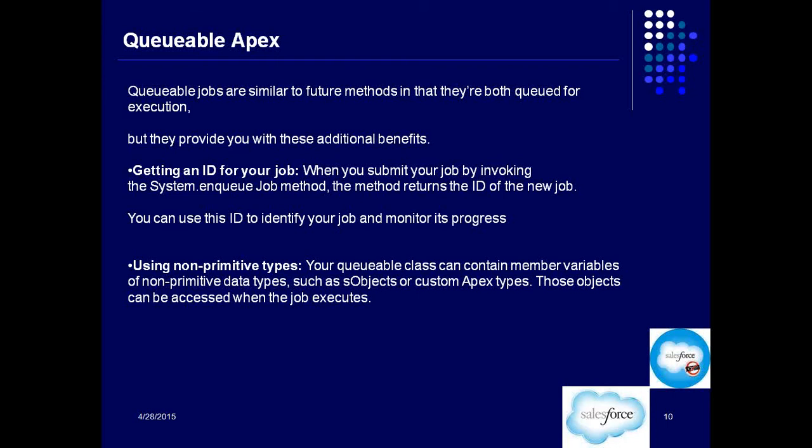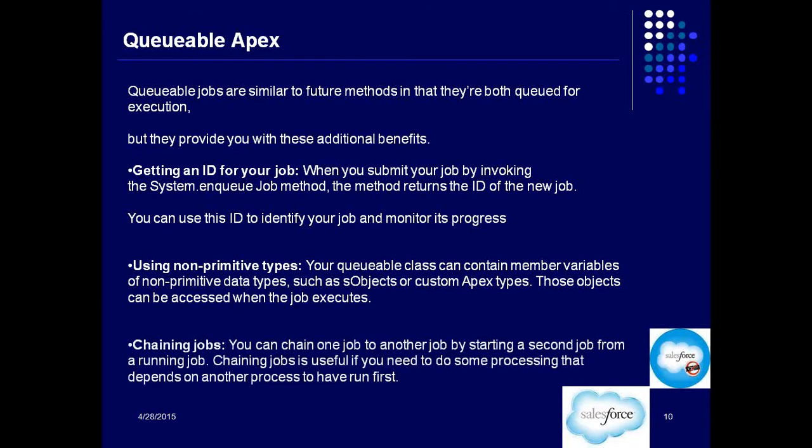Because it's a class, the entire class gets executed whenever the job gets started, and the object values can also be fetched whenever the method gets started. So we do not have to restrict ourselves to primitive data types, we can also use non-primitive data types. That's a good advantage.